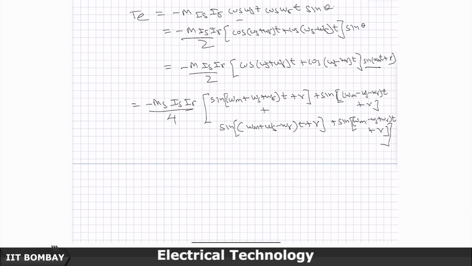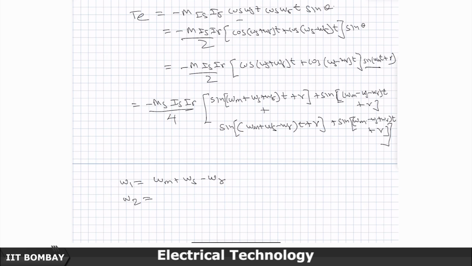So, now you have got 4 terms inside of this sine, and let us call omega_1 as omega_m plus omega_s minus omega_r. Omega_1 term is this one, omega_m plus omega_s minus omega_r, and let us call omega_2, because there are 4 frequency components.